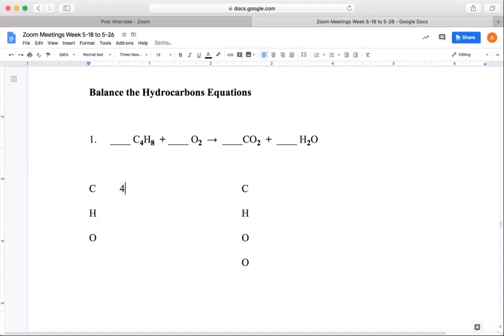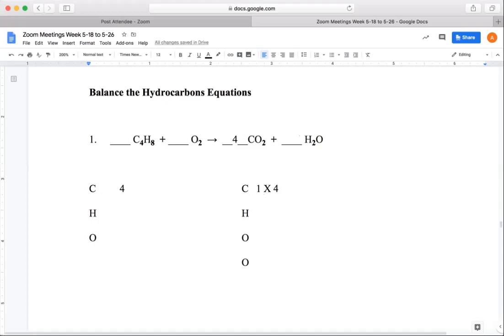We have 4 carbon atoms on the reactant side, we can see, because we have this 4 in the subscript. How many carbon atoms do we have on the right side? We have 1 carbon atom. If you don't see anything in the subscript underneath the C, then you know there's just 1 carbon atom there. So this isn't balanced, so to make the number of carbon atoms equal, you have to multiply this by 4, right? If you're going to multiply this carbon by 4, you have to put a 4 here.